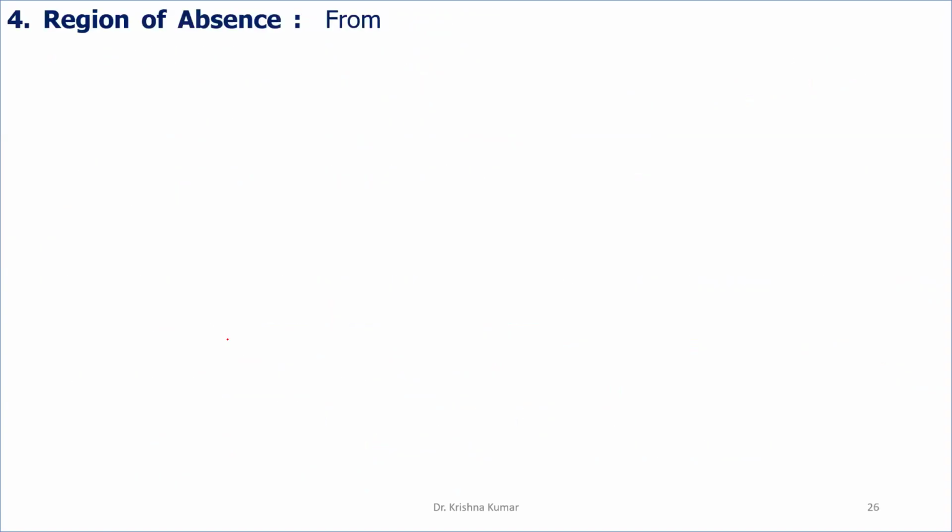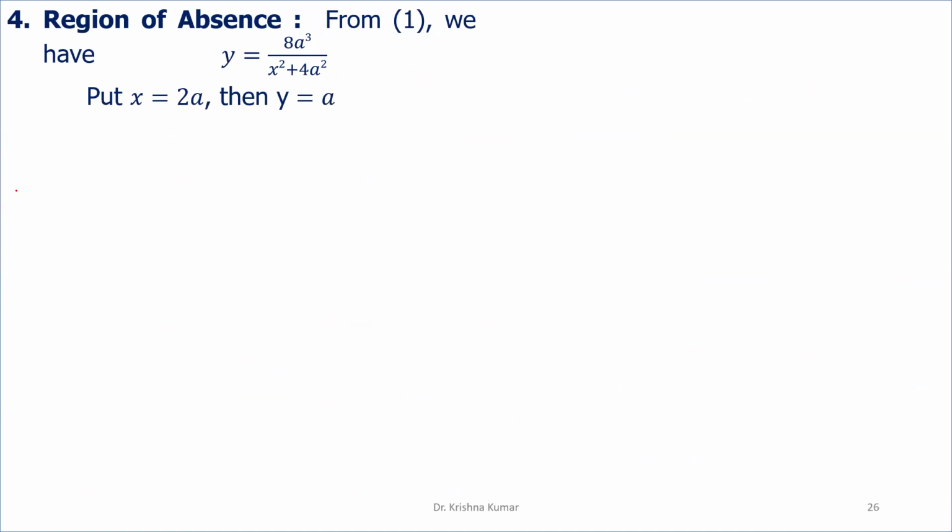Now, region of absence. From equation number 1, we have y equal to 8a cube upon x square plus 4a square. If you put x equal to 2a, we are getting y equal to a. And if you put x equal to minus 2a, then y is also equal to a.